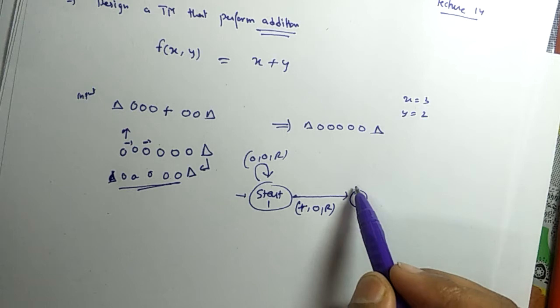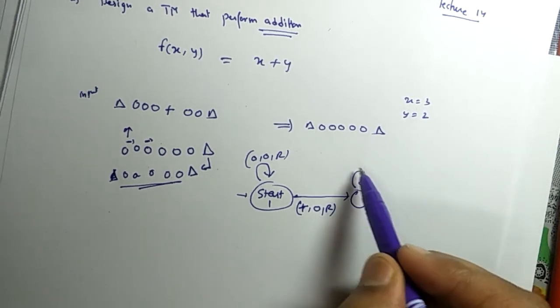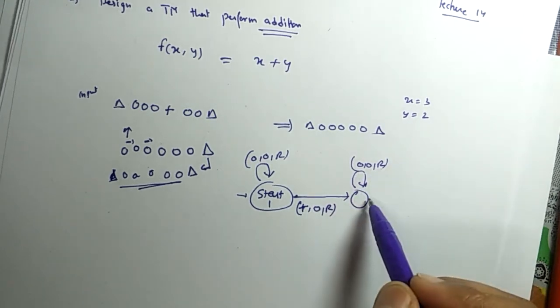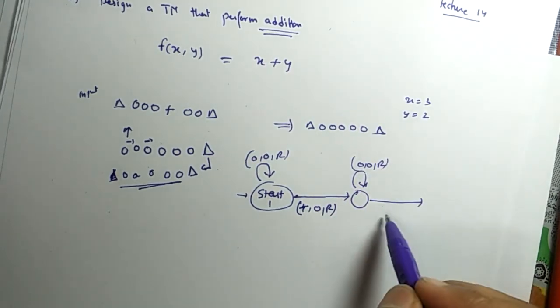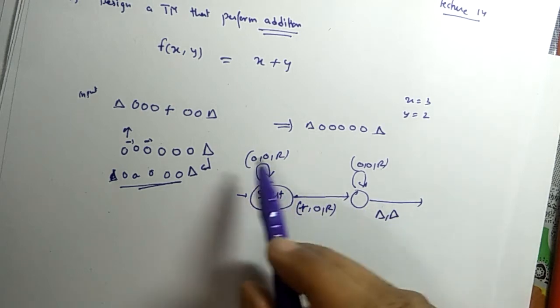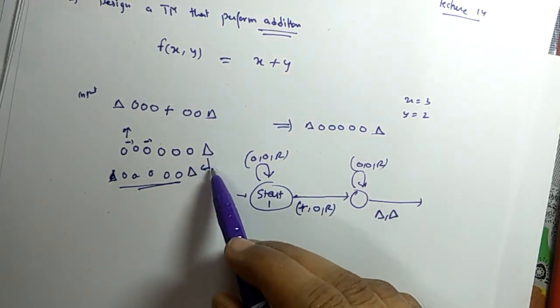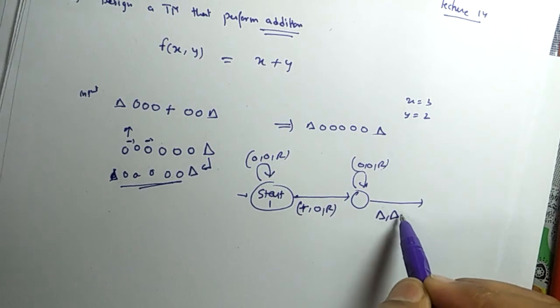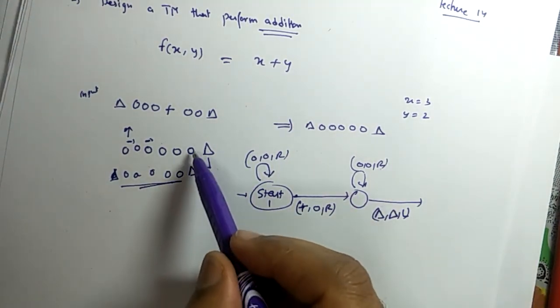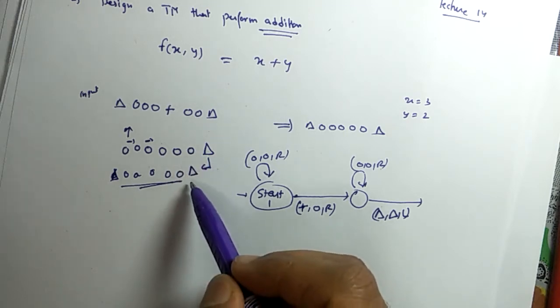Now we will get some zeros again, leaving zeros as 0 and moving to right. We will reach a blank, and at this blank we will leave the blank as blank and move to the left, and in the left we will convert this extra 0 to blank.